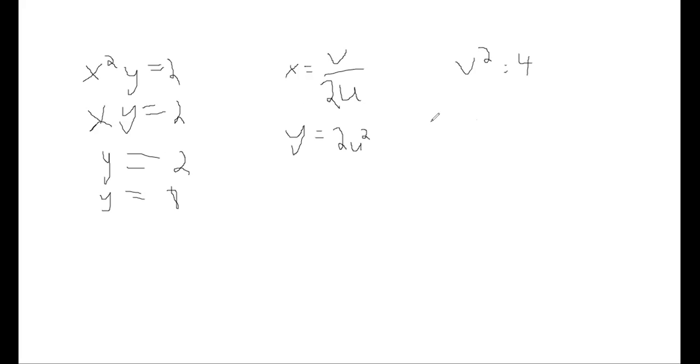Here, what we end up getting is vu equals 2. Here we get u squared equals 1. These are all supposed to be equal signs for the record. I just have mouse problems. And then finally plugging in here, we get 2u squared equals 8, or u squared equals 4.